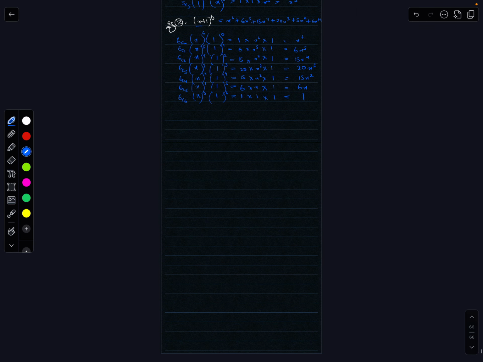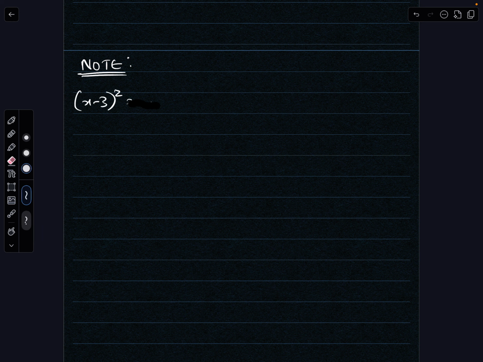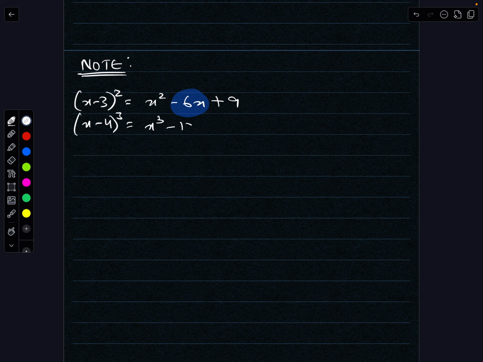And now, let's recap a few points. Let's write this as a note. So the expansion of (x - 3)^2, which I have already done, would look something like this: x squared minus 6x plus 9. In this case, we have a middle term, 6x. Similarly, the expansion of (4x)^3, which I have already done, would look something like this, minus 64.